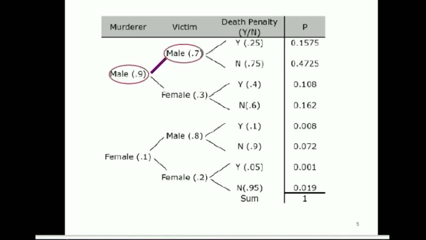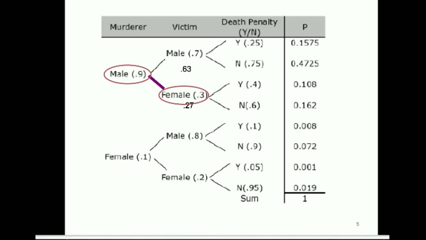But we don't want to get confused though. When you start multiplying out, the entire column of victims needs to add up to 1. Okay? So we're looking at males, 0.9 times 0.7. That's 0.63. And if you go to the lower branch there, 0.9 times 0.3 is 0.27. That adds up to 0.9. Okay?